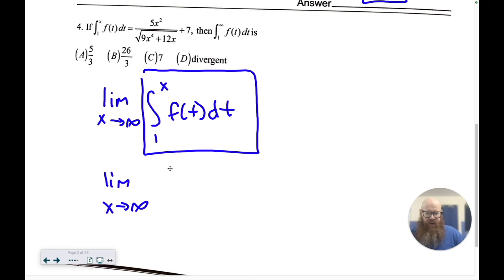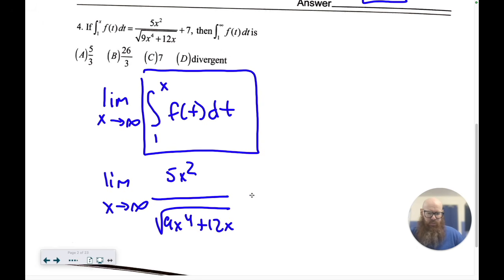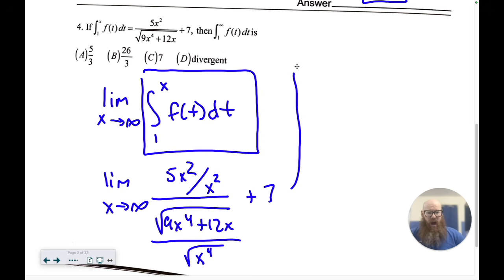But they're telling us that this is this. So then I have 5x squared over root 9x to the 4th plus 12x plus 7. And the way I want to evaluate this limit is I am going to divide this numerator by x squared, but I'm going to divide the denominator by root x to the 4th. So just notice that root x to the 4th is x squared, so I'm dividing the numerator and denominator by the same thing.